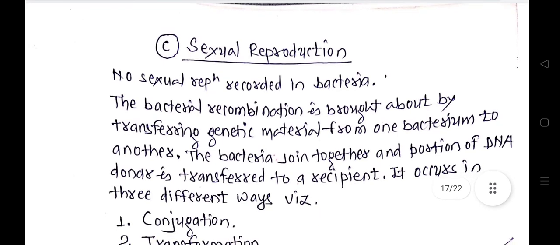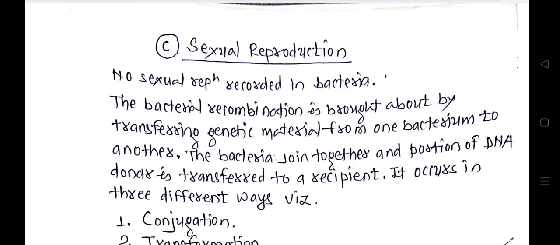The last type of reproduction is sexual reproduction. Generally, bacteria do not show true sexual reproduction. Bacterial recombination is brought about by transfer of genetic material from one bacterium to the other.